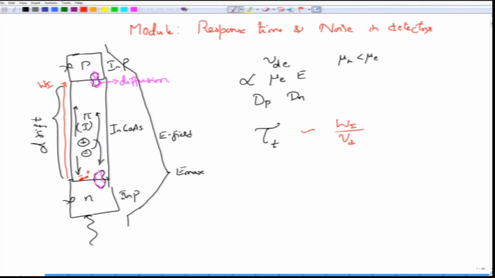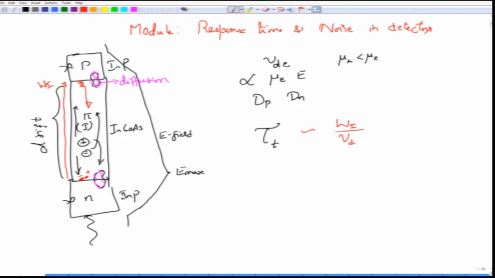On the other hand, if generation happens here, for some miraculous reason the electron hole pairs are generated at this interface, then again there is a travelling of Wi length for it to be collected onto the other region.